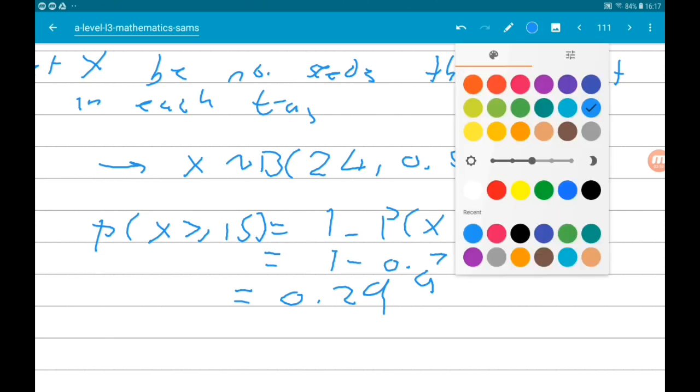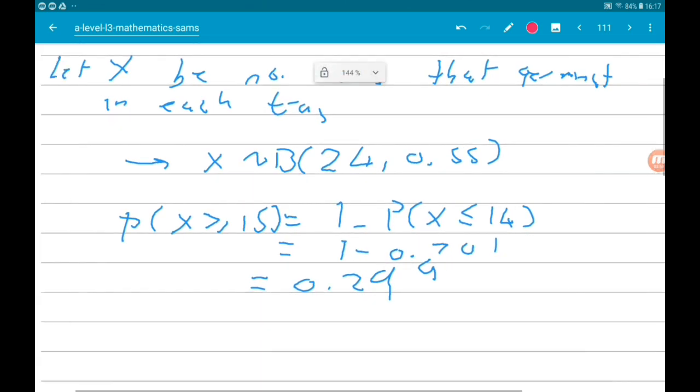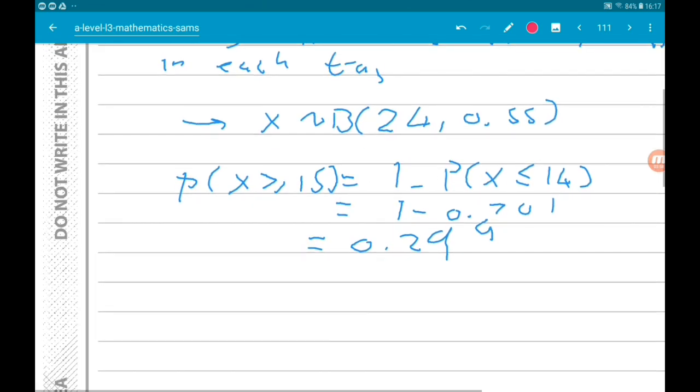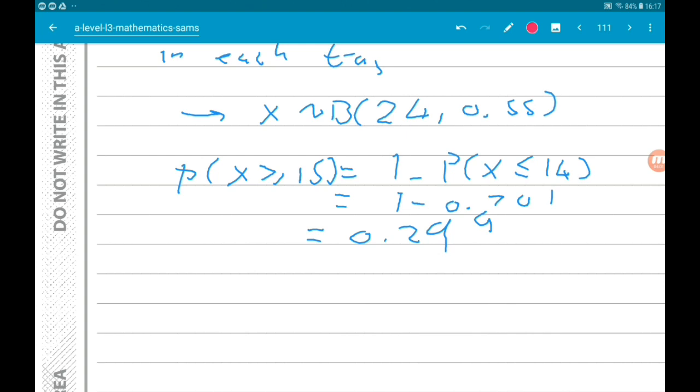So now we're going to switch to the trays. So we're now going to let's use T for trays.